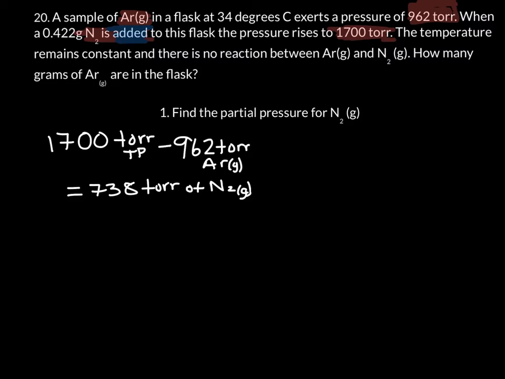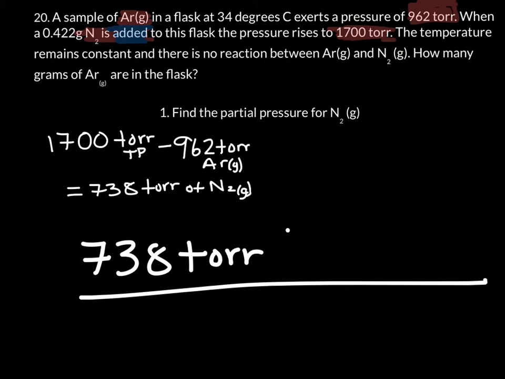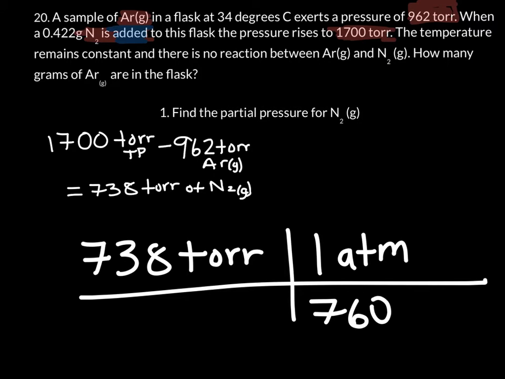So now that we found the torr of nitrogen, the pressure that's in the flask, we're going to convert torr into atmospheres. So we're going to take 738 torr of nitrogen gas, multiply by 1 atmosphere and divide by 760 torr.